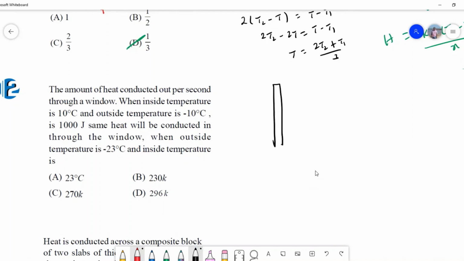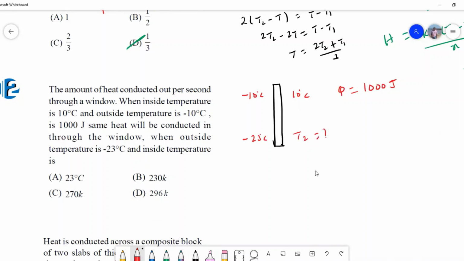If this is the window, initially the outside temperature is minus 10 degrees centigrade, the inside temperature is 10, and the energy transferred through the window is given as 1000 joules. Now the question is, when the outside temperature is minus 23 degrees centigrade, what is the inside temperature? When this is T2, what is this? We need to find out.